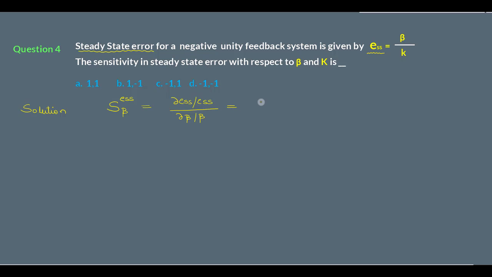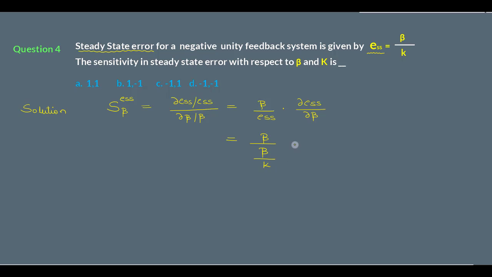So I can simply write this as beta upon ESS into dou ESS upon dou beta. So I can simply substitute the value. I can write this beta as it is. ESS, it is given in question. It is nothing but beta upon K.